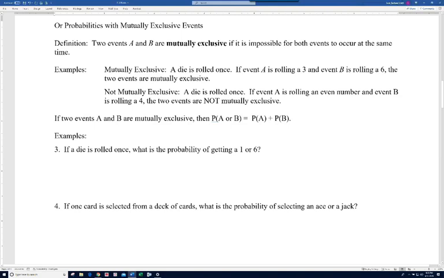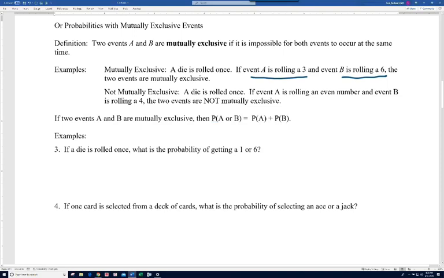An example of mutually exclusive events: a die is rolled once. Event A is rolling a 3, and event B is rolling a 6. The two events are mutually exclusive. See, it's not possible when you roll a die one time to get a 3 and to also get a 6. So we say they're mutually exclusive. Well, here's an example where two events are not mutually exclusive.